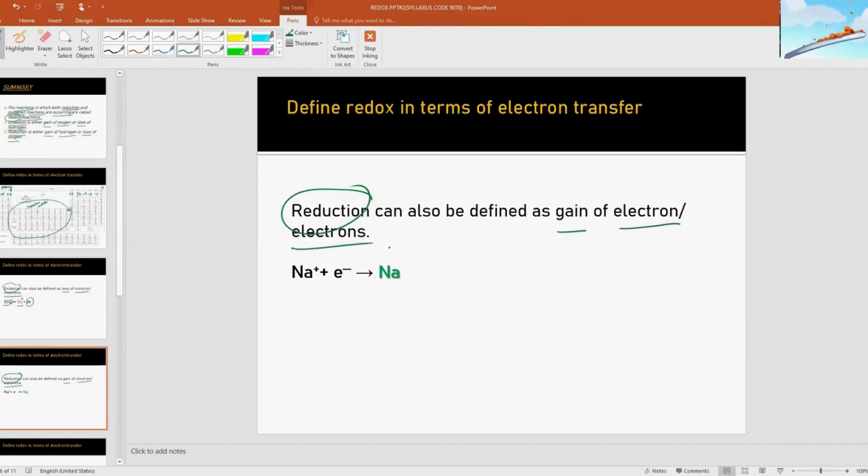In the above case, you will see Na+ is carrying plus charge on the reactant side, and after gaining one electron, it forms Na. It has gained one electron. It is reduction as Na+ has gained an electron. Again, there is no charge on the atom of sodium, which means it is zero.